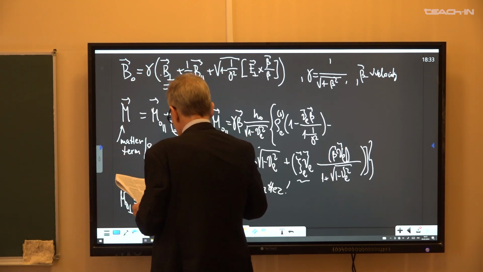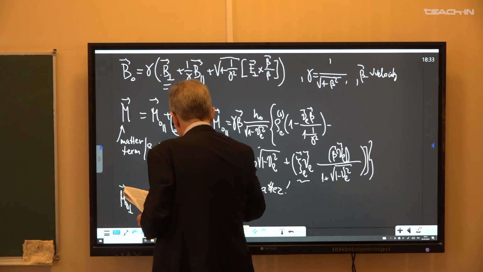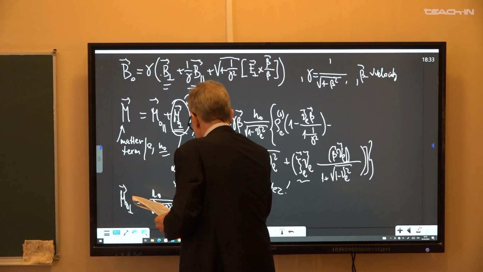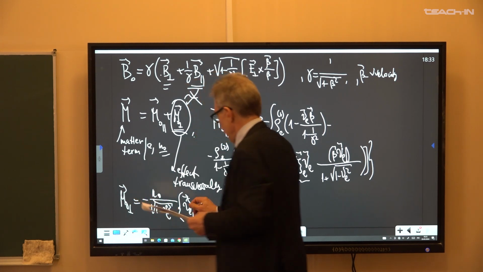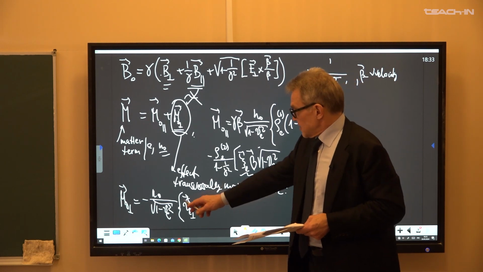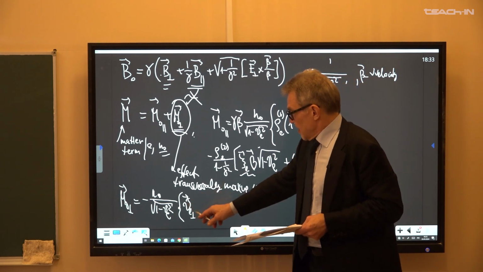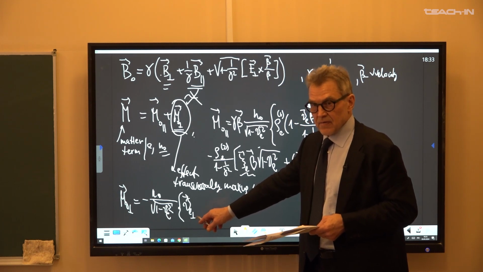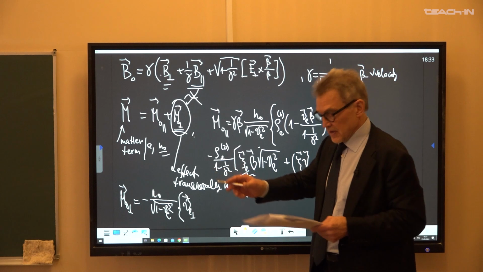Then the vector of the speed of moving matter, its transversal component. This is the part that produces this mixing.